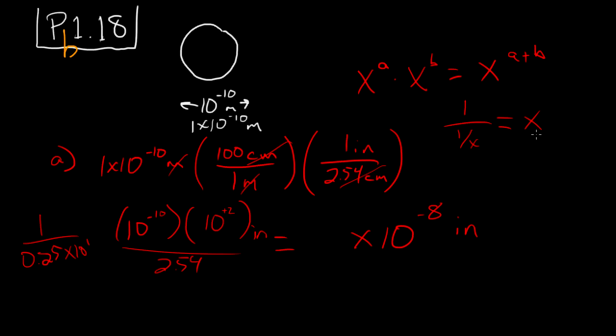So 1 over 1/4 is 4. And now I'm dividing by 10 to the 1. 1 over 10 to the 1 is just equal to 10 to the minus 1. All right, so the answer here is 4 times 10 to the, got an extra minus 1 I need to add here, so minus 9 inches.